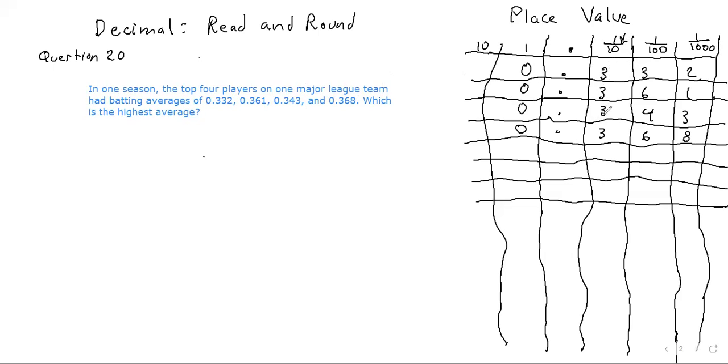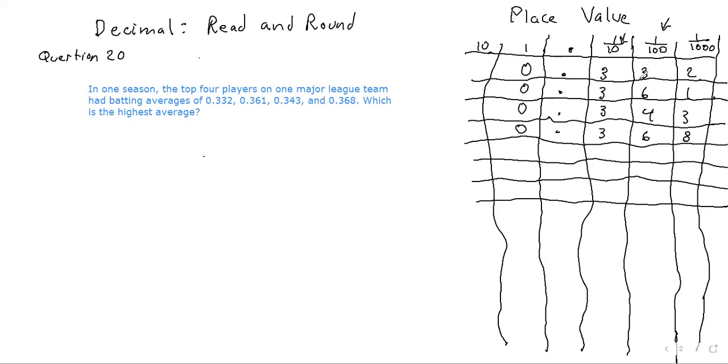So since they're all the same number, to see which one is the highest, we have to go to the next highest, which is the 100th place. And then we start to see some differences. We see 3, 6, 4, and 6. The 6 is larger than the 3 and the 4, so these two decimals are larger than the other two.